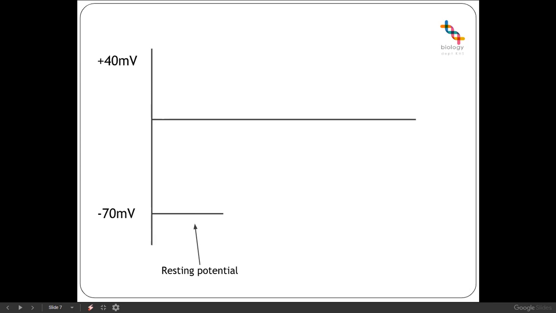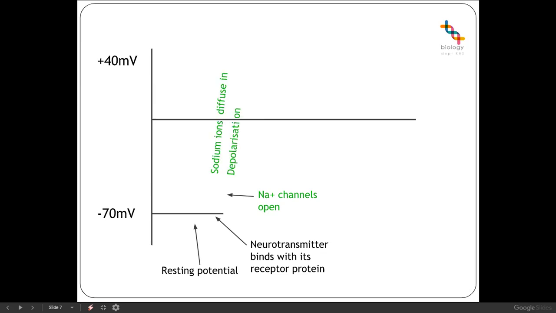To begin the process, we have our neurotransmitter binding with its receptor protein, and that leads to opening up that ligand-gated ion channel, which is its receptor protein, leading to some ion movement. When this ion movement reaches a threshold value, that stimulates sodium channels in the protein to open, and that causes sodium ions to diffuse in, resulting in depolarization of the membrane.